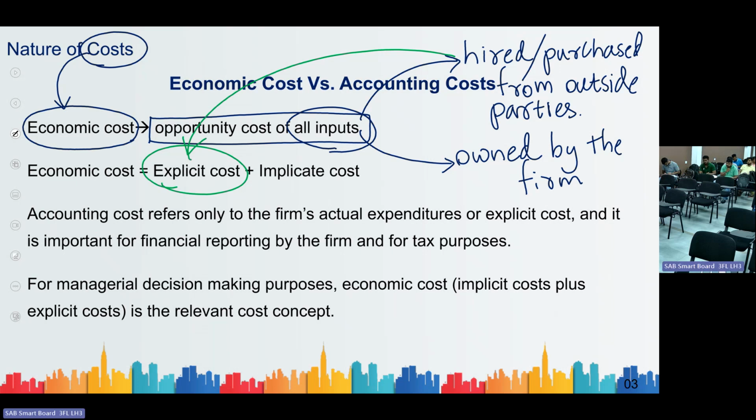The costs referred to by accountants are explicit costs. So they consider actual cost. How much in wages has been paid? How much cost has been incurred for the raw materials?